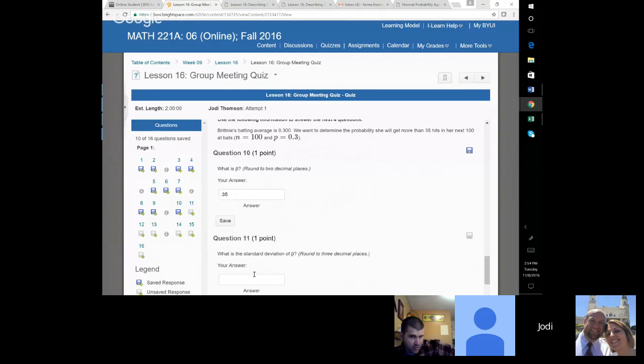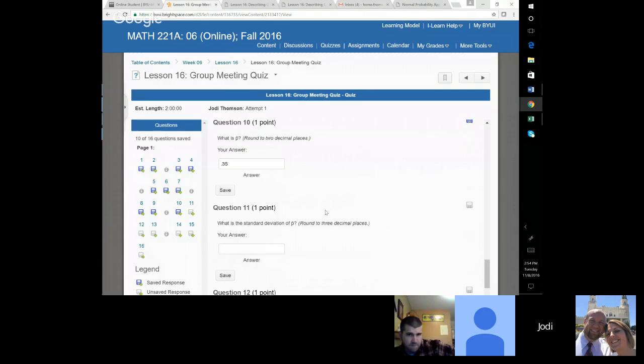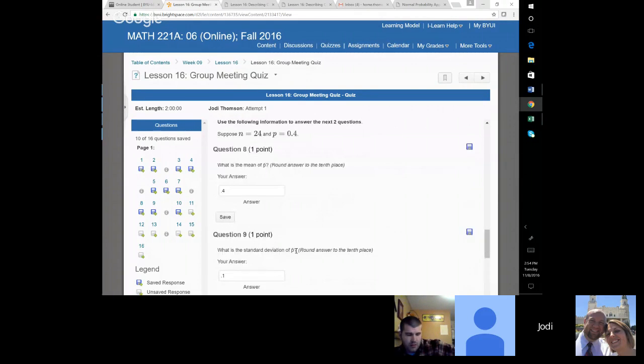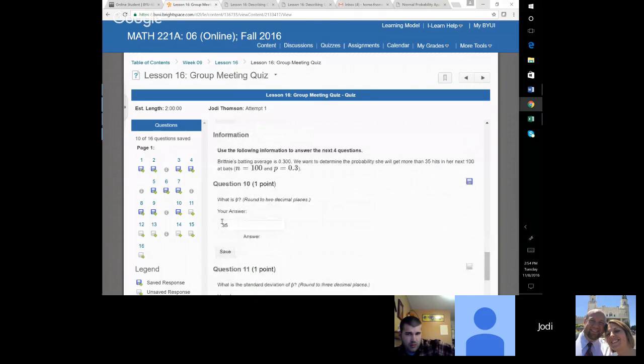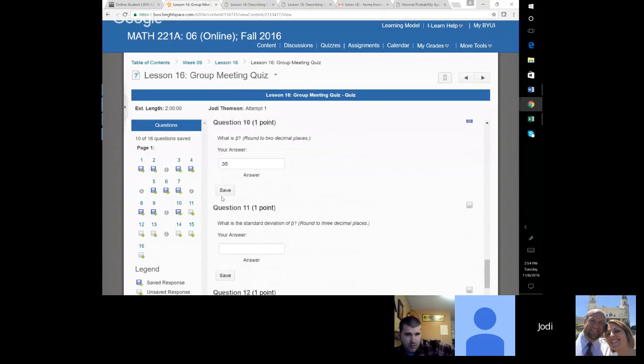But then do we use up here? It says, what is the standard deviation of P? And that's the same question here, but they used the point. So we'd have to use the 0.3 for this? Well, you always use the 0.3 for the standard deviation because it's P. It's not the P caret in the standard deviation formula.